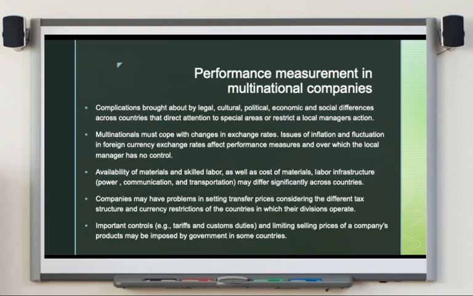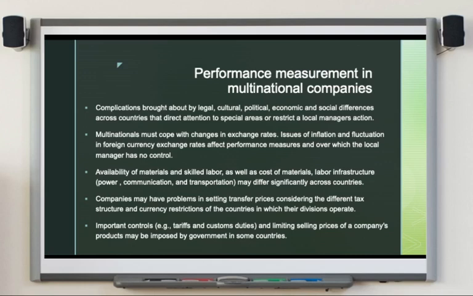Number one is complication brought about by legal, cultural, political, economic, and social differences across countries that direct attention to special areas or restrict a local manager's action.